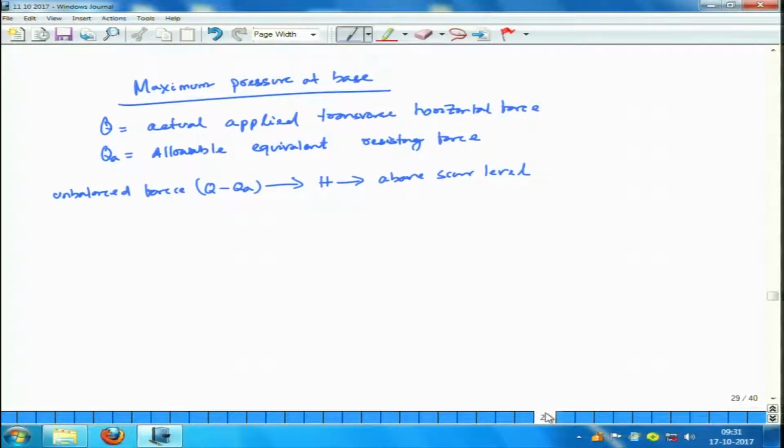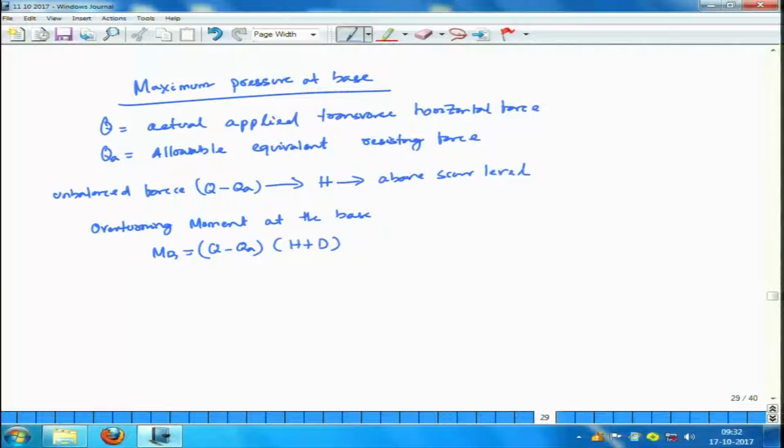So, overturning moment at the base MB is equal to Q minus QA into H plus D.